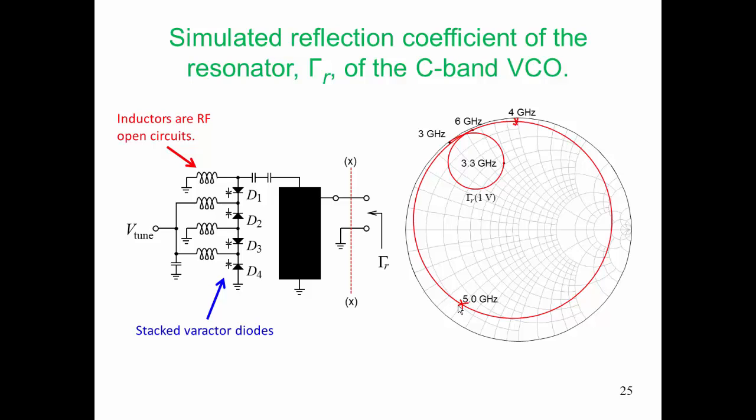We have a circuit that is essentially a parallel LC circuit, and at resonance that will look like an open circuit, and our open circuit region is around here. Gamma R at 1 volt very quickly goes from 4 to 5 gigahertz, and our region of oscillation is going to be around here. This will be our point of oscillation, the region in which we're going to try and design.